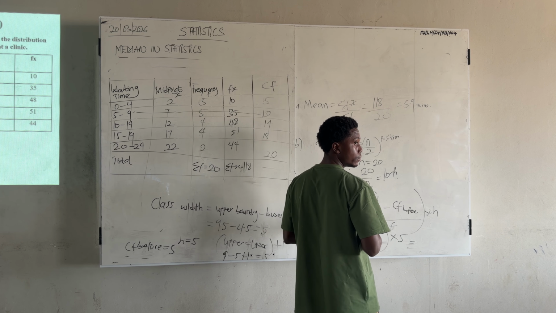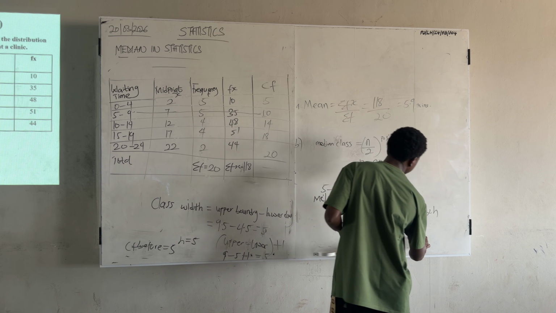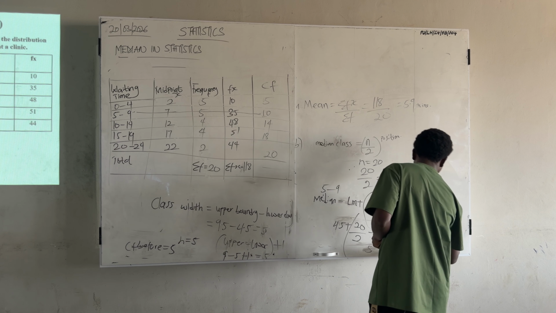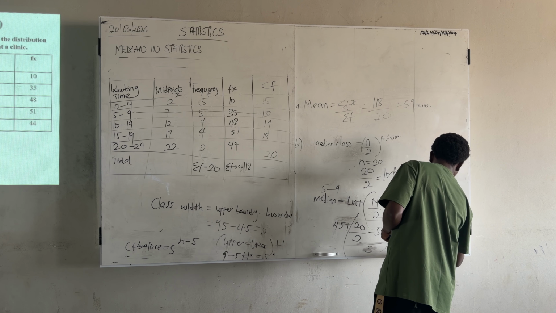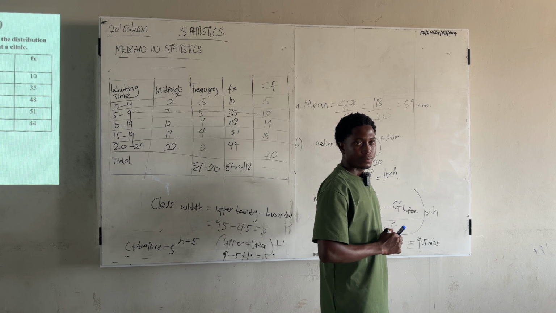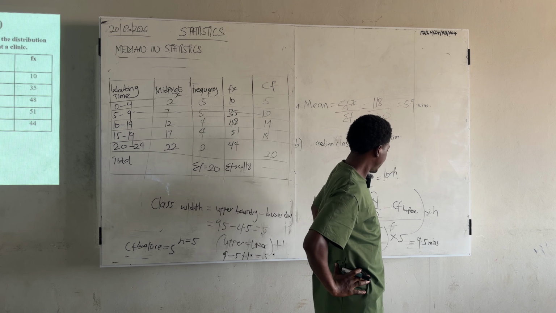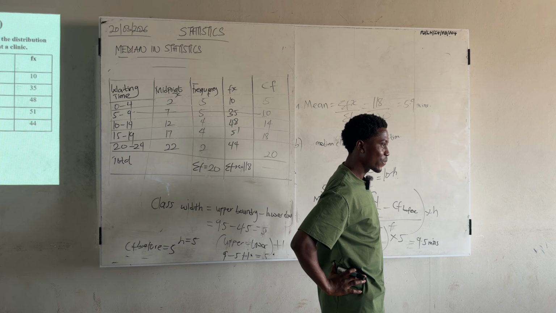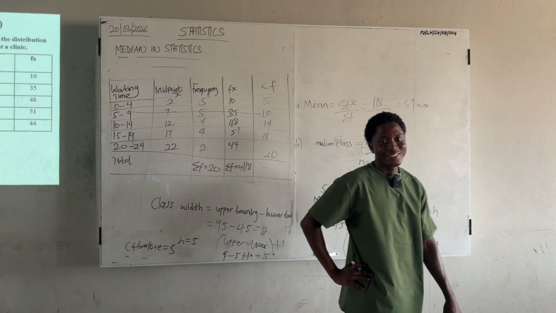Everything inside the bracket will be 1. So 5 times 1 is 5 plus 4.5, that's 9.5, the answer.